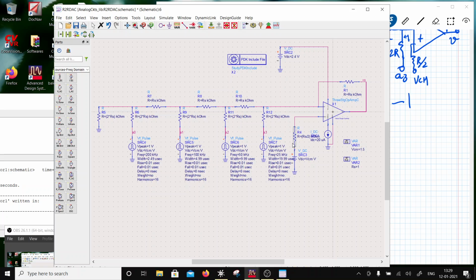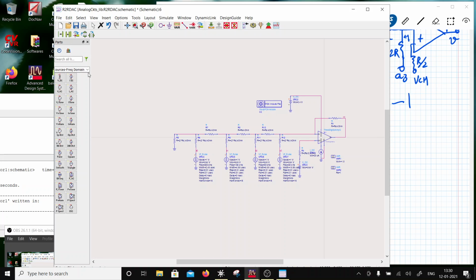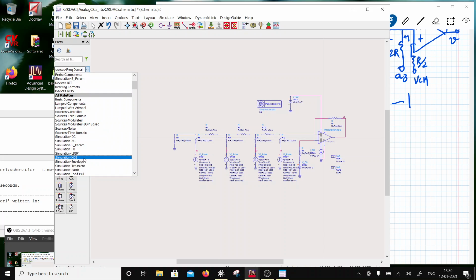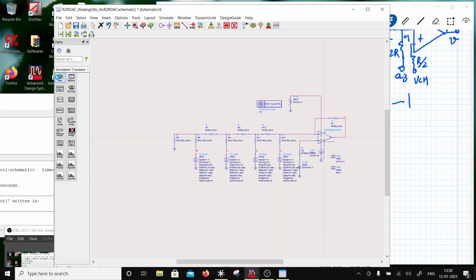I'm ready for simulations. Let me have a final check. VCM is 1.5, right? And I will simulate it for what duration? So this is going to be a time domain simulation. So I will go to simulation transient, and here I'm going to simulate for 80 microseconds in steps of 0.01 microsecond.